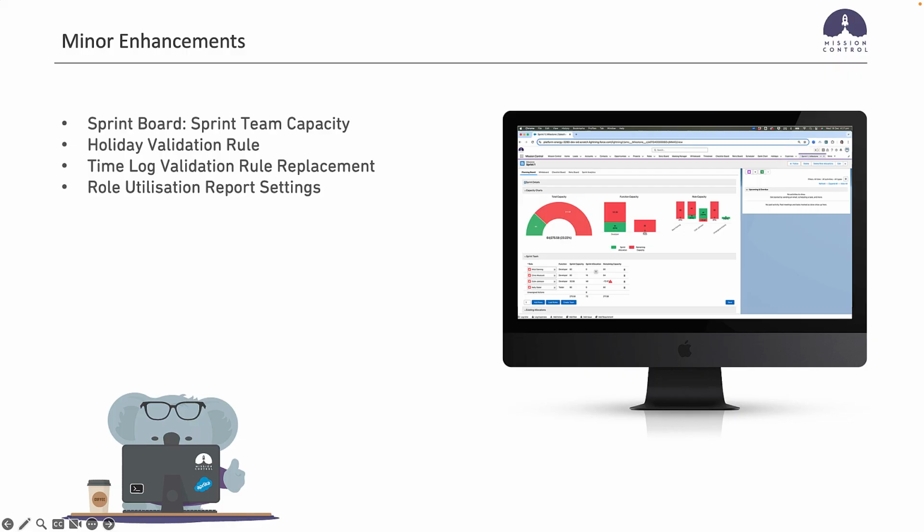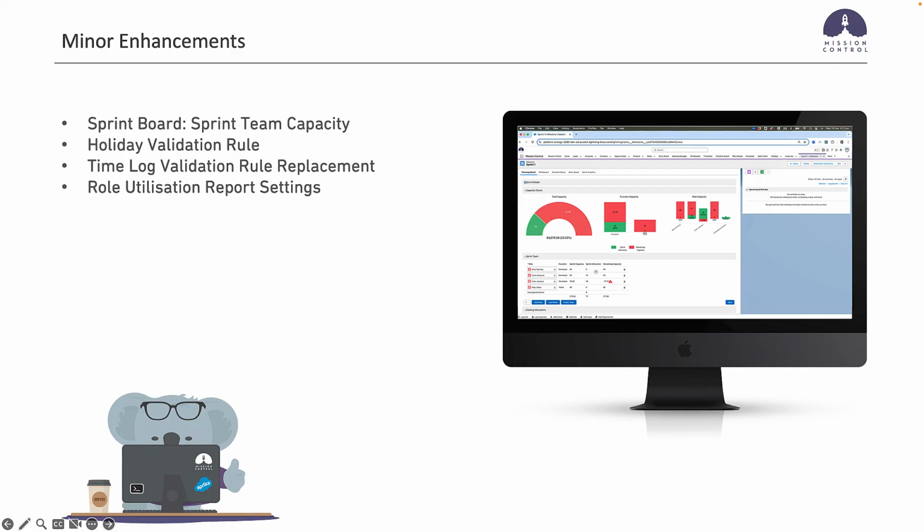There was a validation rule on the time log that was preventing the hours completed of an action being greater than the hours scheduled for a fixed price project. Now that was working fine if you were inserting one time log at a time.